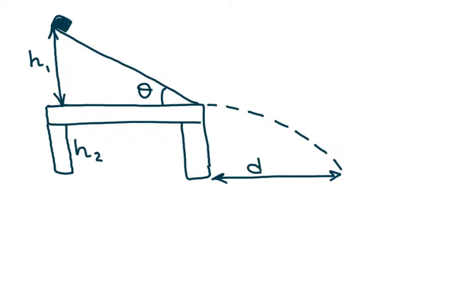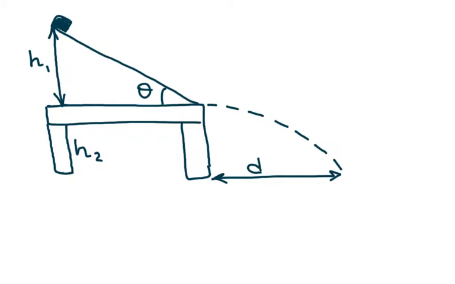A block of mass m is released from rest and slides down the track such that the frictional forces are considered to be negligible. The block leaves the track horizontally and strikes the ground at a point a distance d from the edge of the table. Which of the following statements is correct about this scenario?